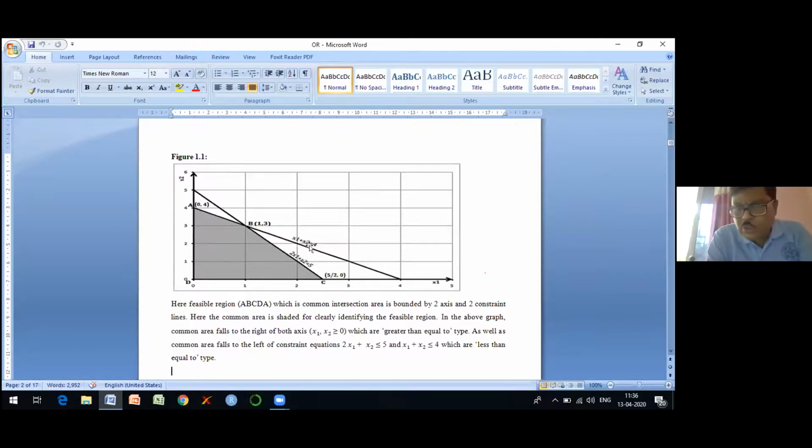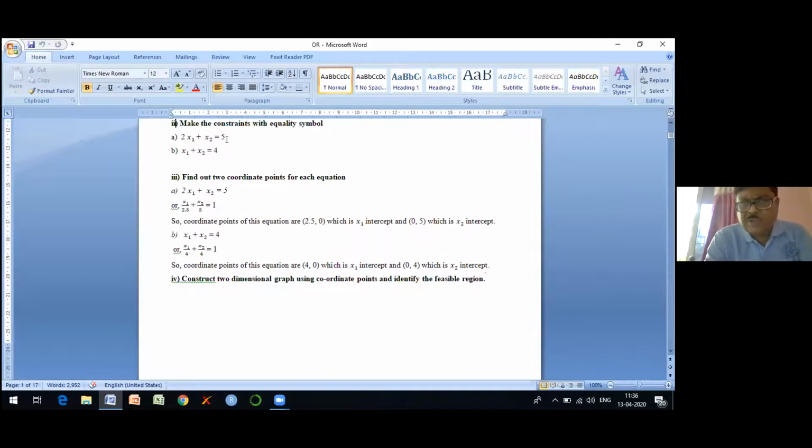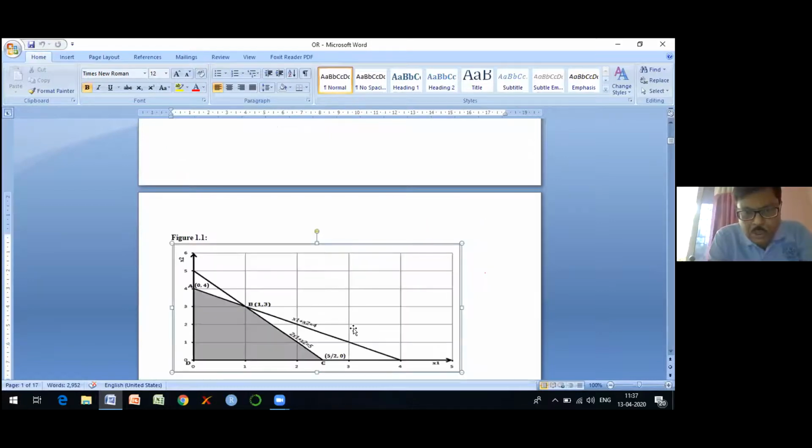If we solve these two equations simultaneously, that means 2x1 plus x2 equal to 5 and x1 plus x2 equal to 4, and if you solve these two equations, then you will get the value (1, 3). x1 equal to 1 and x2 equal to 3. This is your B point.